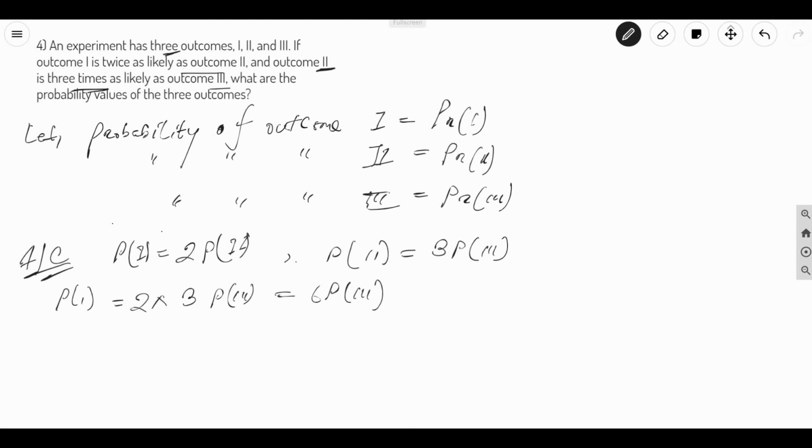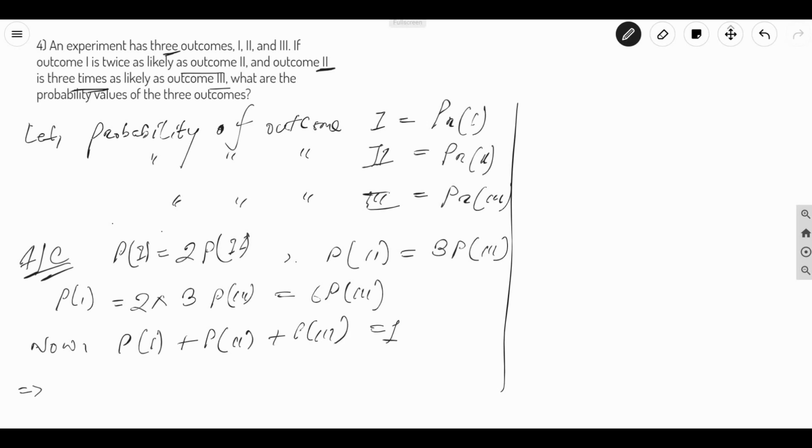Now, let me move on to a bit that side. Now we can write that, as we all know, the sum of all the probabilities in a random experiment is equal to 1. So we can write probability of 1 plus probability of 2 plus probability of 3 is equal to 1.